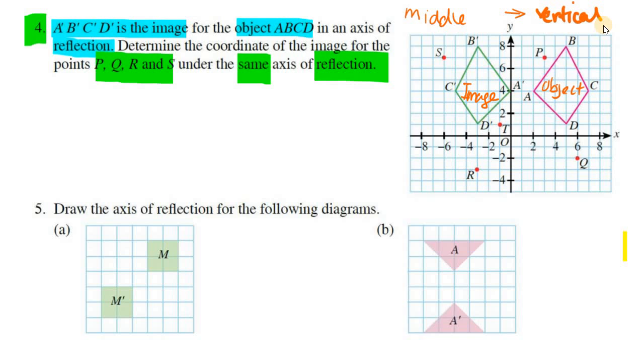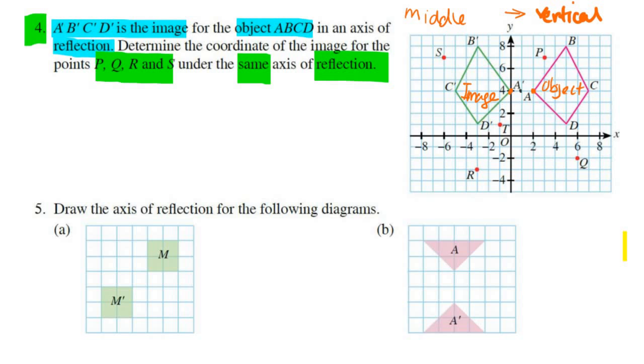Based on these two shapes, are you able to find where the middle line is? If you are confused, you can choose any 2 points. Now I choose point A, so A and the A image. I try to find the midpoint for these 2 points, and obviously the midpoint is here. Then we find another point.